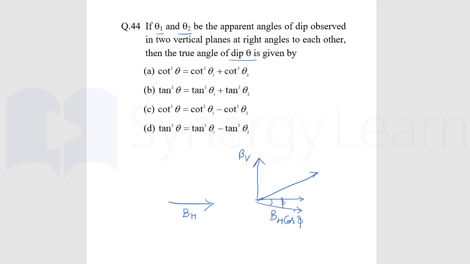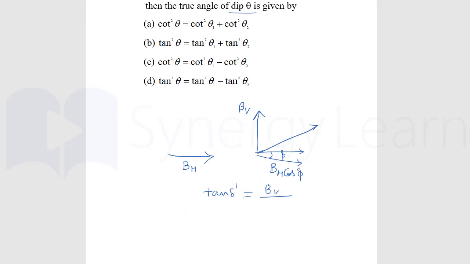So in this new plane we have tan delta dash, the apparent angle of dip, as BV divided by BH cos phi, whereas the true angle of dip, tan delta, is BV divided by BH.